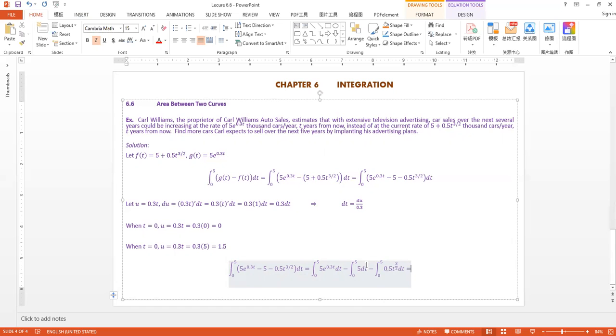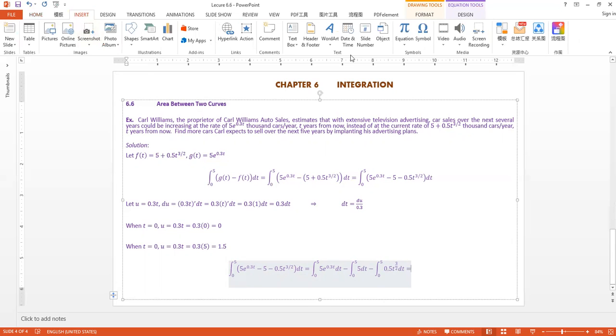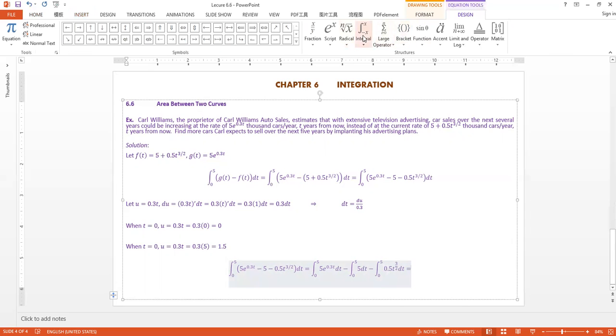It becomes the integral, where u is from 0 to 1.5, of 5 times e to the 0.3t, but 0.3t is just u, so that's just e to the u, and we have dt, which we can replace by du over 0.3.